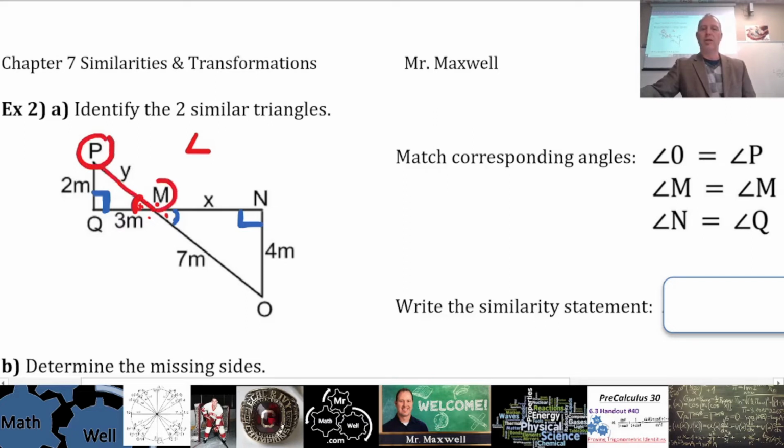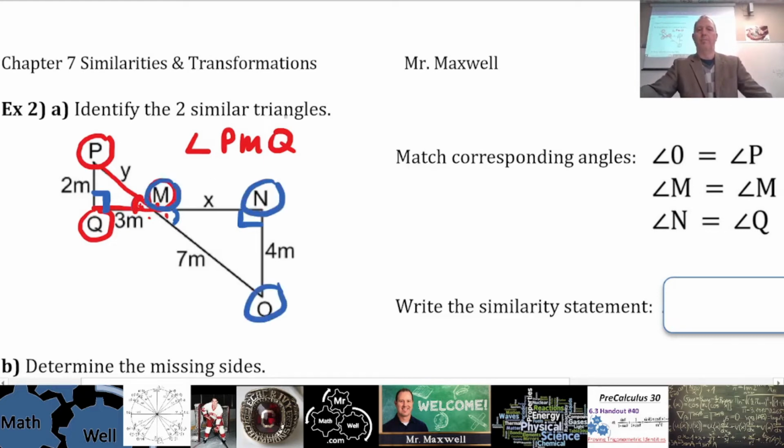So you could list this as PMQ or QMP. So PMQ. That's this angle right here. Okay? And then this angle in blue over here would be like NMO. So this blue one would be angle NMO.